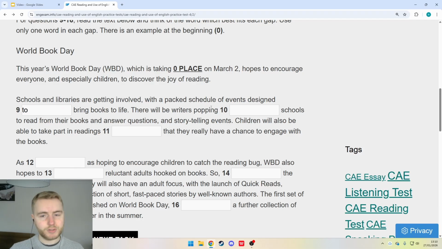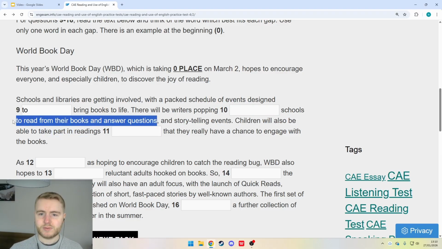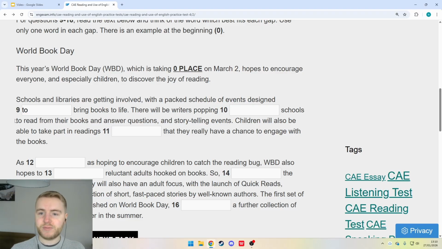There will be writers popping schools to read from their books and answer questions. Now this sounds like a very similar idea to the previous one, but slightly different. This time we have the infinitive, okay?